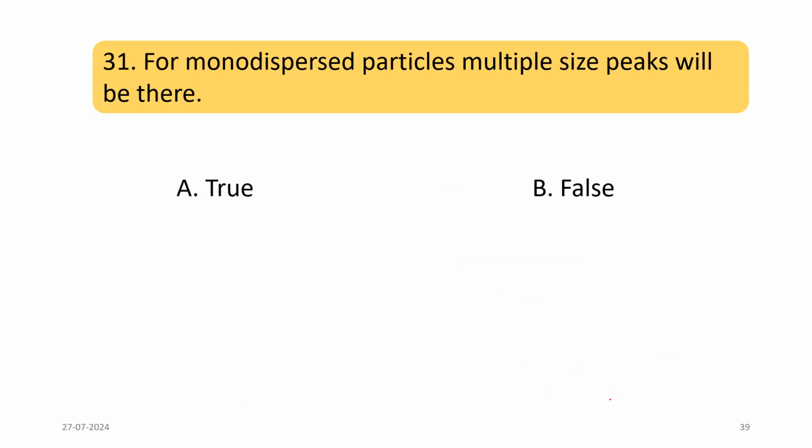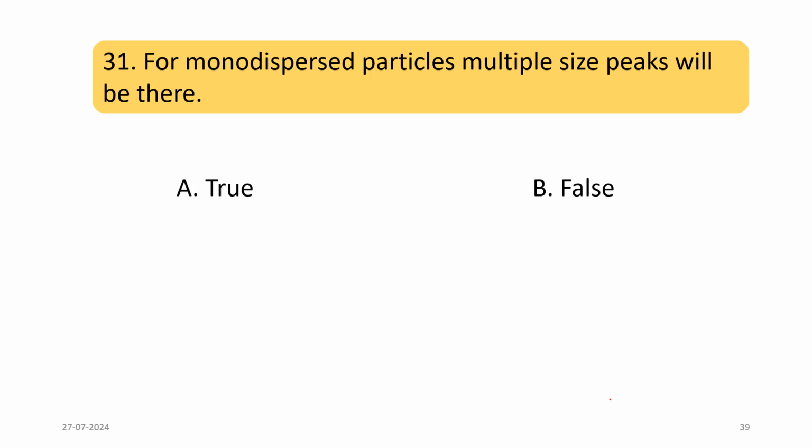Next comes, for monodispersed particles, multiple size peaks will be there. Is it true or false? For monodispersed particles, multiple size peaks will be there in size distribution.